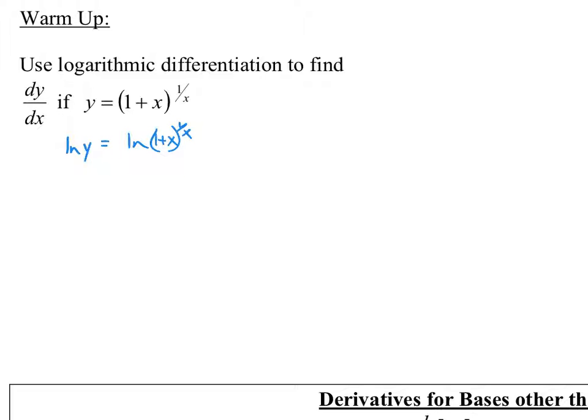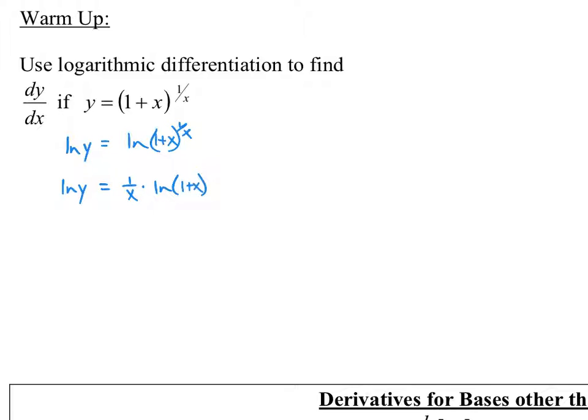And remember, this is helpful because now that I have ln of that (1 plus x) to the 1 over x, I can pull the exponent outside. Okay? So I have 1 over x times ln of 1 plus x. And then that equals ln of y.